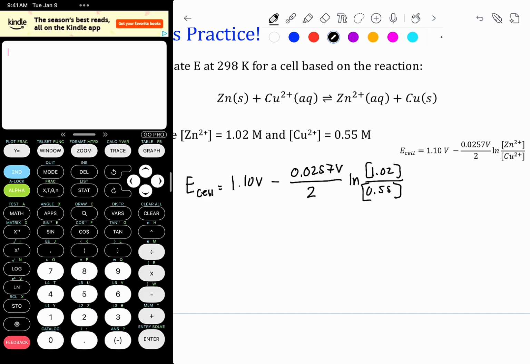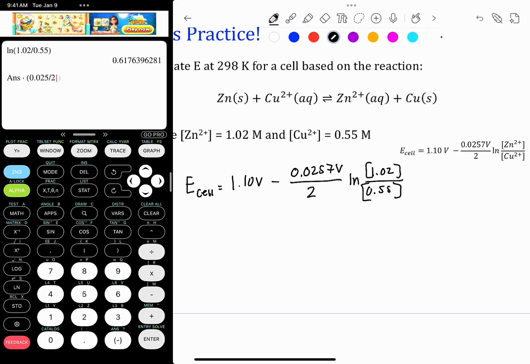I personally like to go stepwise just to make sure I'm not missing anything. So I'm going to do the natural log of my ratio, 1.02 divided by 0.55, making sure that both of those values are in my parentheses. Okay, and then I'm going to multiply that by my 0.0257 divided by 2, again making sure those are in parentheses together.